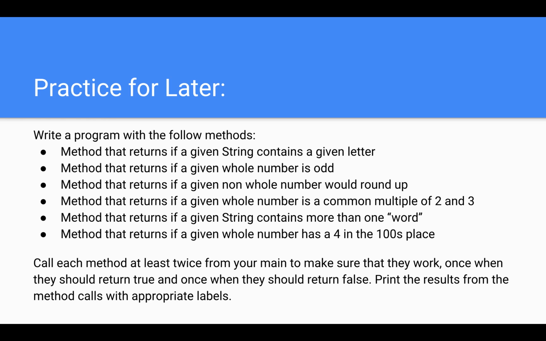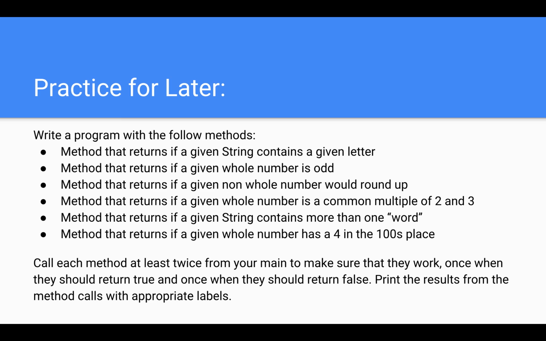A method that returns if a given string contains more than one word. And a word in this case is distinct parts of the string that are separated by spaces. And a method that returns if a given whole number has a 4 in the 100th place.